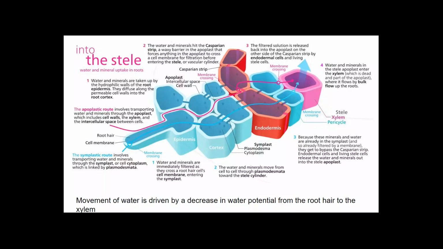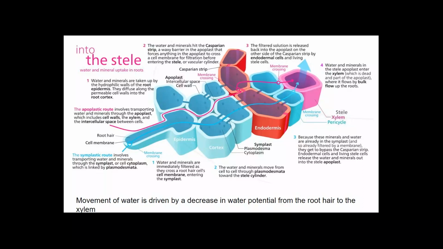The water and minerals move from cell to cell through plasmodesmata towards the stelar cylinder. And because these minerals and water are already in the symplast and already filtered by a membrane, they get to bypass the Casparian strip.